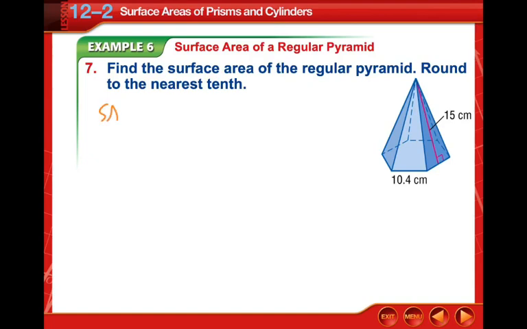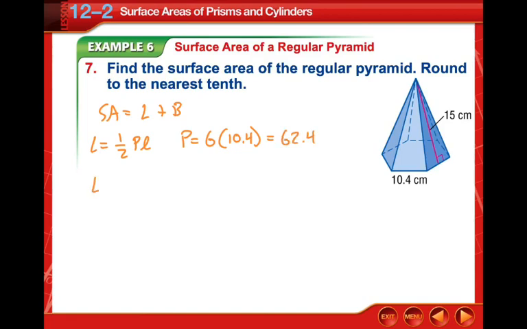So surface area, again, is the lateral area plus the area of the base. So we find the lateral area is fairly easy here. 1/2 of the perimeter times the slant height. The perimeter is 6 times 10.4, which is 62.4.